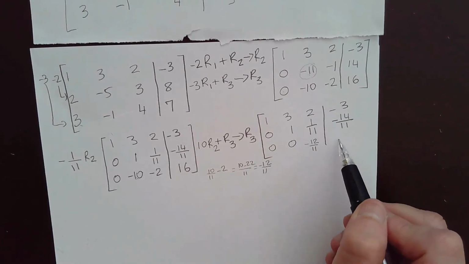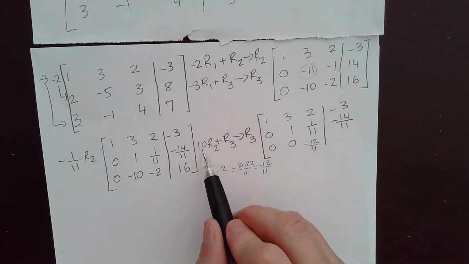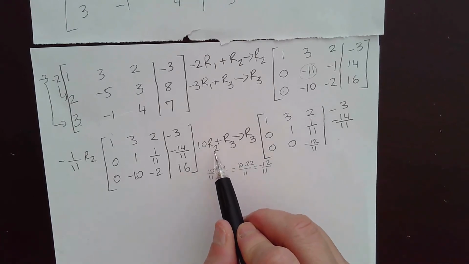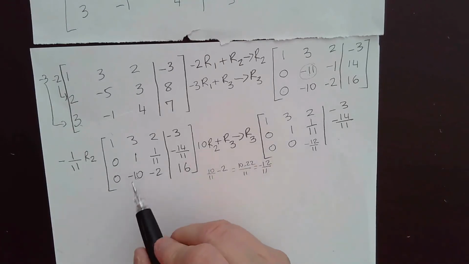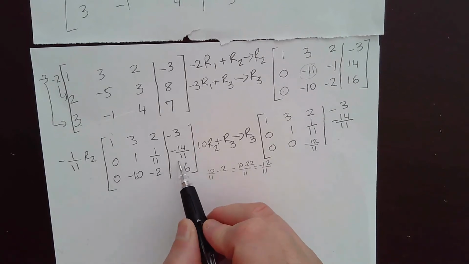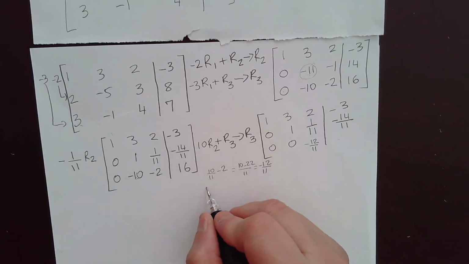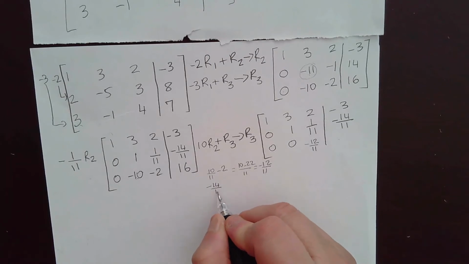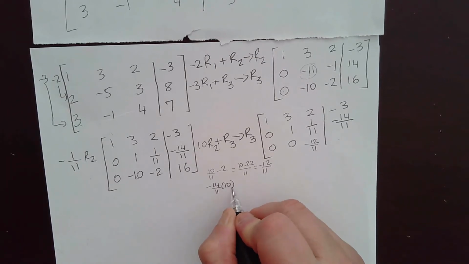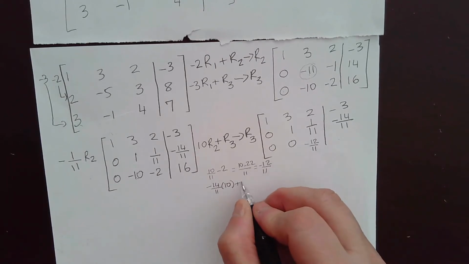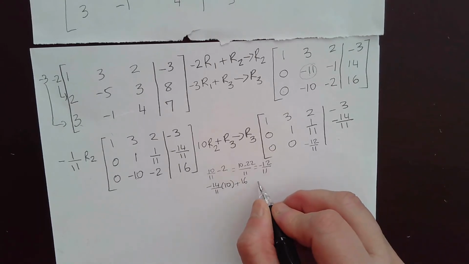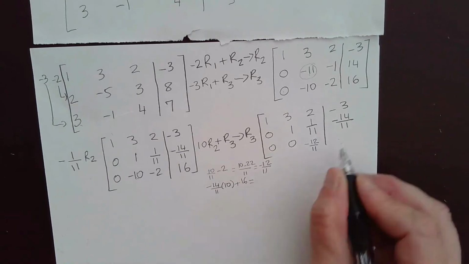We still have the answer here. So 10 times row 2. So 10 times this. So negative 14 over 11 times 10 plus row 3, plus 16. So that's going to give you, when you get that value, you're going to put it in here.